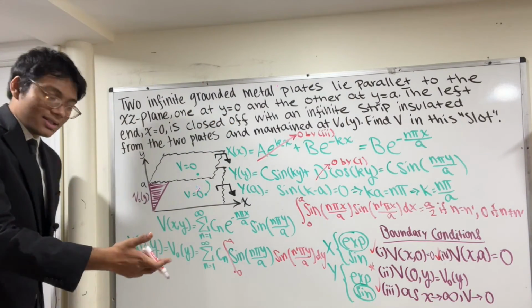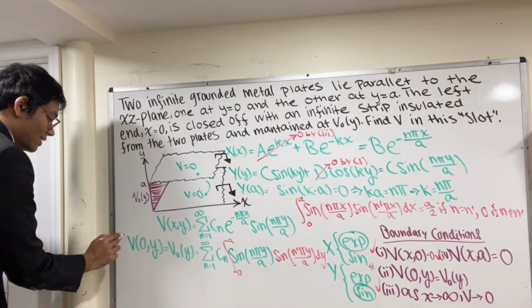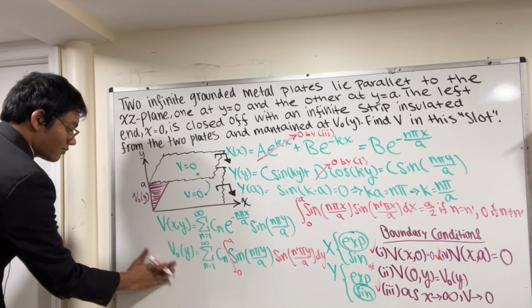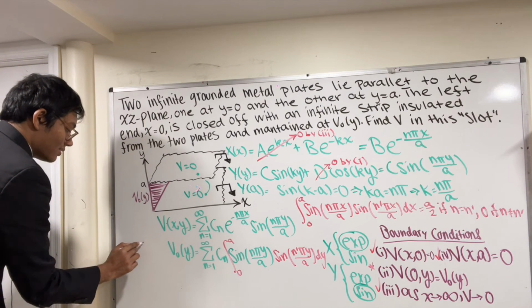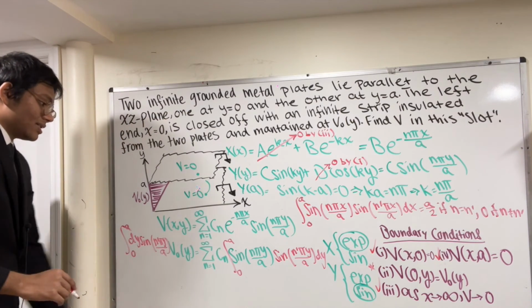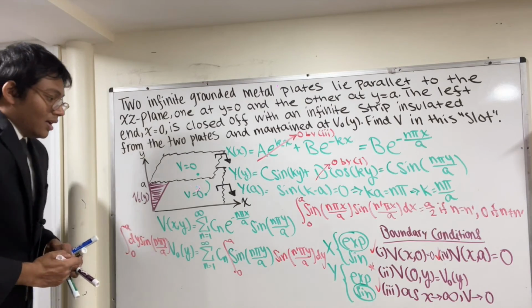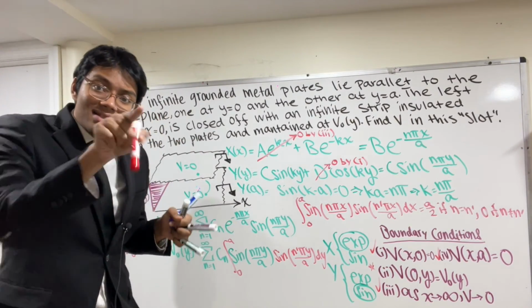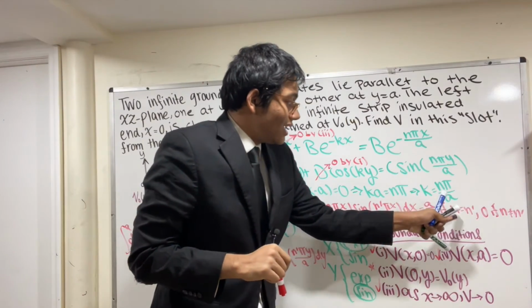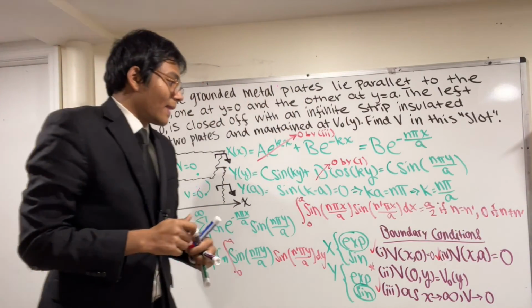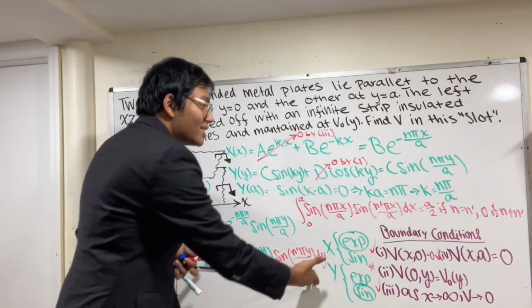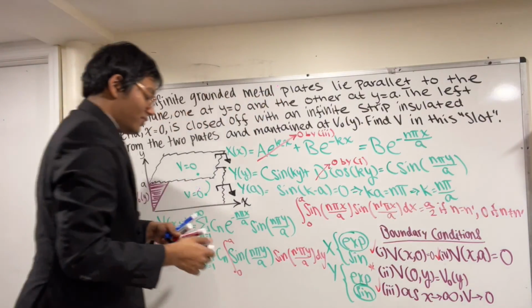Of course, this is an equation, so I've got to do it to both sides. So I'm going to take this V naught of y that I have here and multiply it by sine of n prime pi y over a. Well, I know that every term is going to die except those terms which have n equals n prime. And if n equals n prime, then this whole mess of an integral is just a over 2.